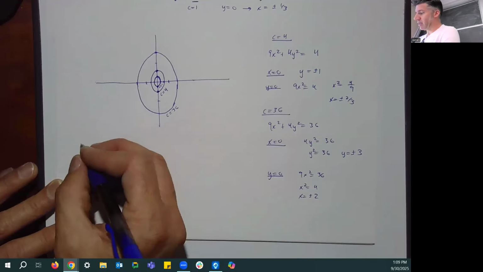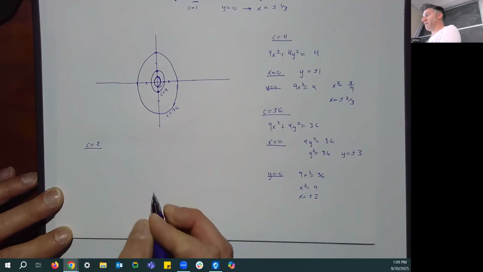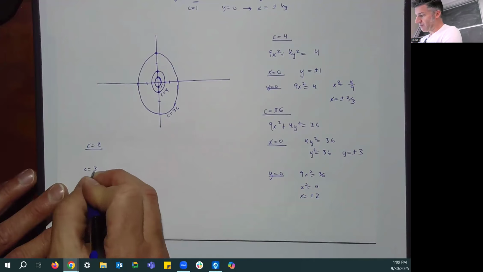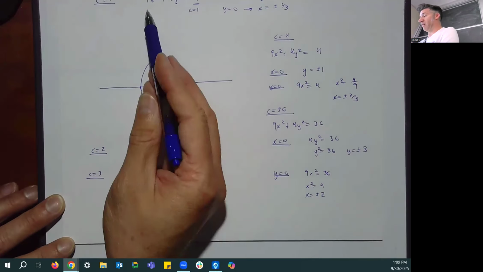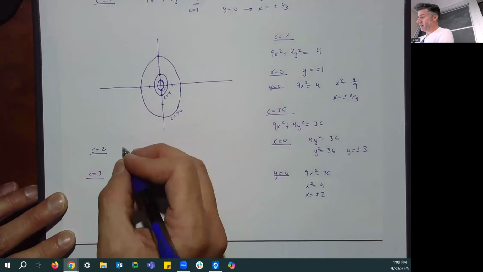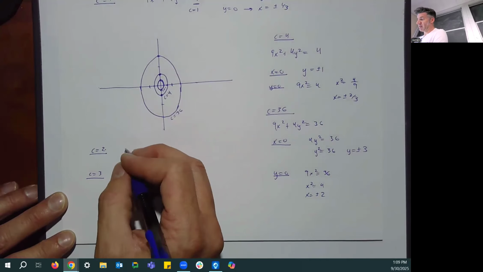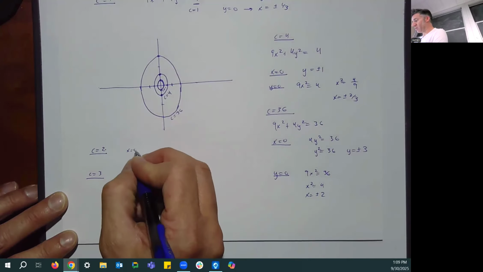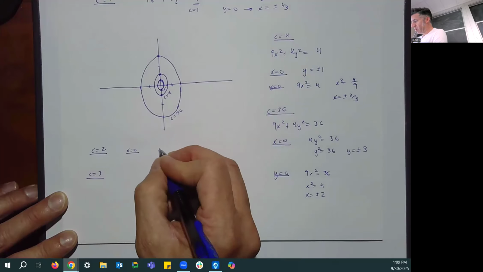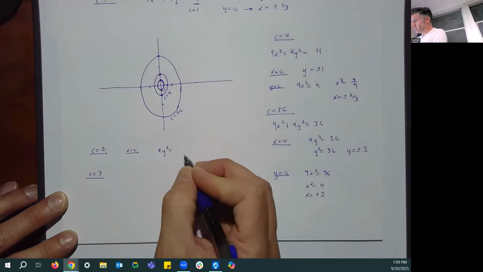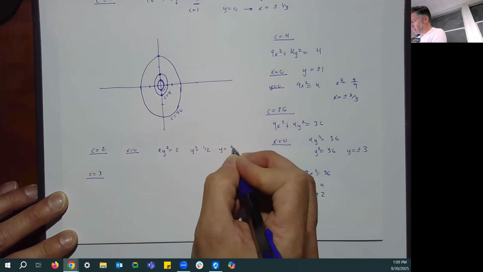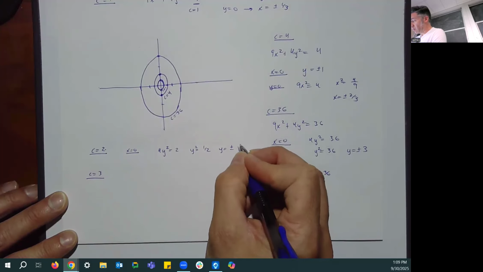But if you had said c equals 2, you would have gotten some gross values for x and y, and then c equals 3. Okay, fine. So I'll just point out, if c equals 2, sorry, the numbers are not beautiful here. If we said x equal to 0, you don't need to write this down. I just want to show you. You get 4y squared equal to 2, y squared equals 1/2, y equals plus or minus root 1/2.